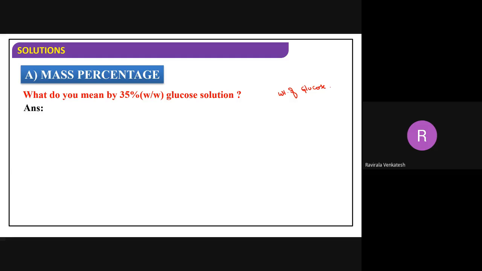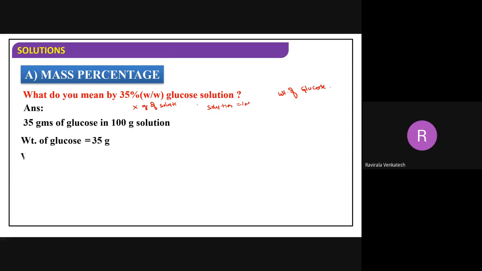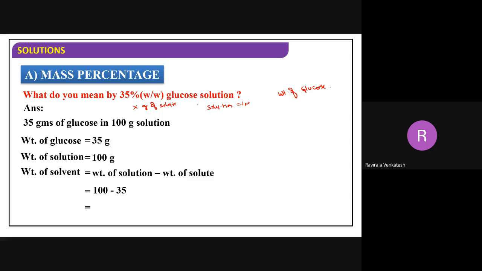Whenever they give X percentage, the X will be in terms of grams of solute, and the solution will be 100 grams. Like that we can easily solve this one. If you know the weight of the solute, how to calculate the weight of the solvent? Weight of the solution minus weight of the solute. Already you know this, I think.